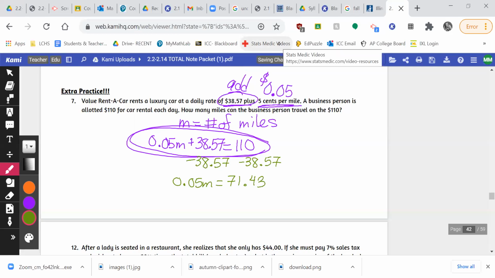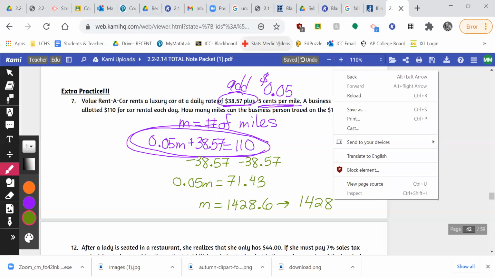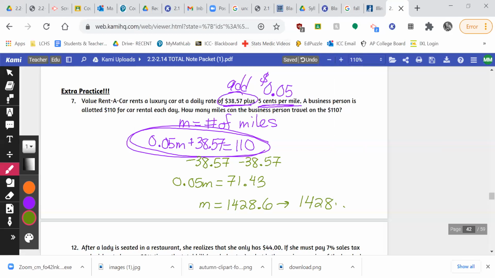And the last step is going to be to divide by 0.05. And we get 1,428.6. We don't want to go over though, so I know that it looks like we would round up, but we're going to round down. So it's going to be 1,428 miles.